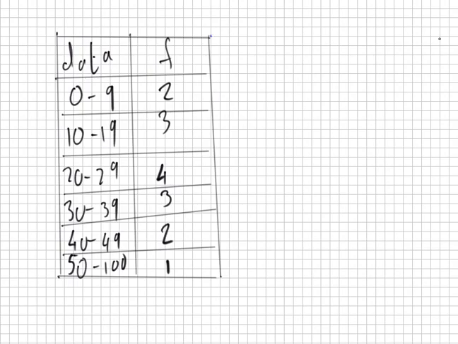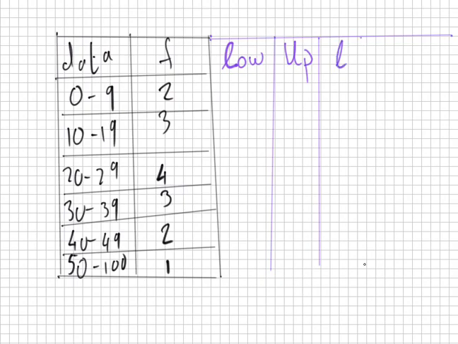So what extra things do we have? Well, we have the lower boundary. What else? So I'll just write lower. And then what else? Upper. And what else? I'll do length next, and then finally is the midpoint.